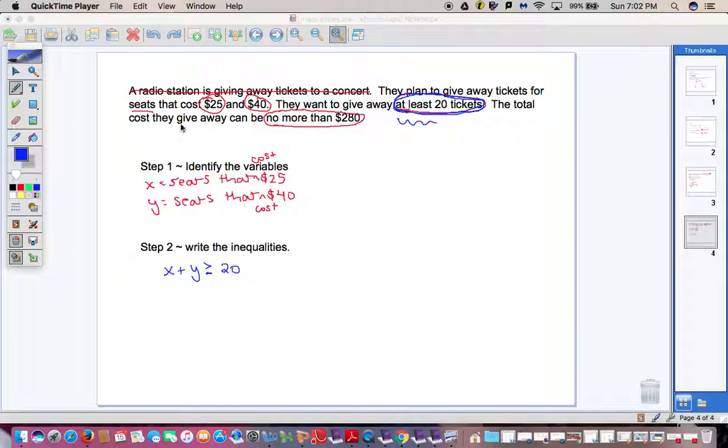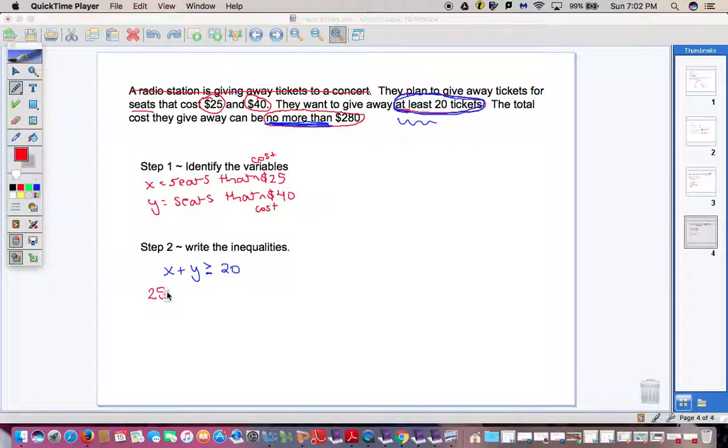Now the total cost for the tickets they give away can be no more than $280. No more than. Okay? And now we're talking about money. Everything's going to be in terms of money. Okay, so how much is every single X ticket? Well, every X ticket is $25.